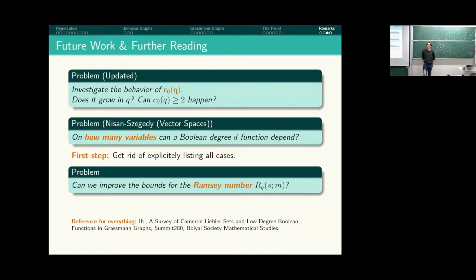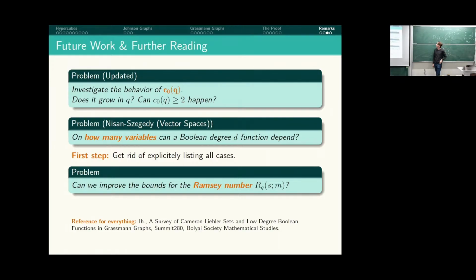Okay, so let me conclude with a few questions. The one question you already know. What is the behavior of this function such that all examples become trivial?